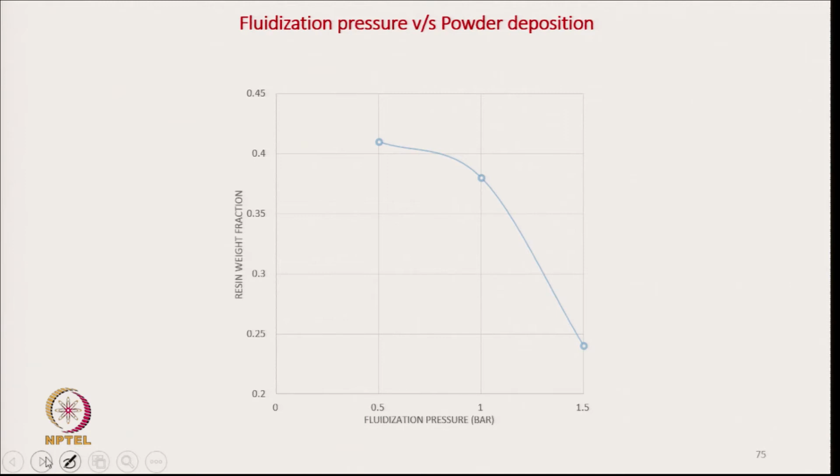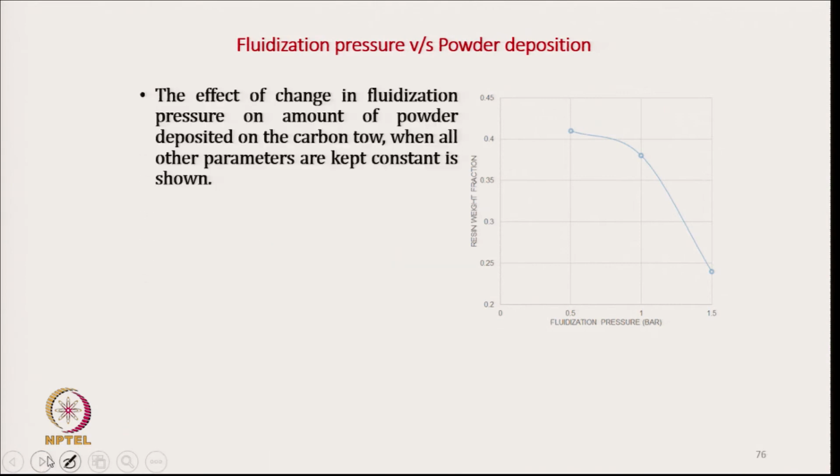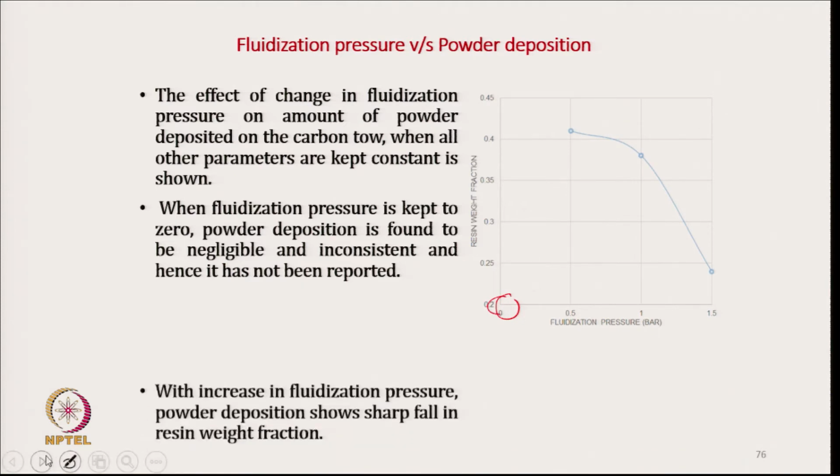The resin fraction reduces consistently. So, other parameters were kept constant. When the fluidizing pressure is kept 0, there is no powder generation. So, powder deposition is found to be negligible. So, that is why we have not taken that part.